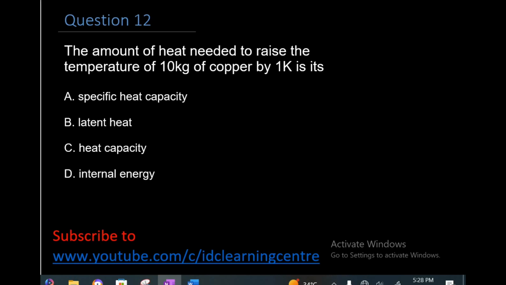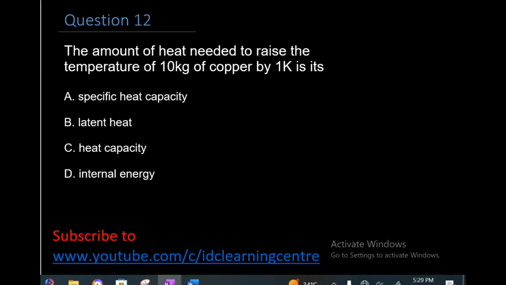Heat capacity is the amount of heat needed to raise the temperature of 10 kg of copper by 1 Kelvin. Then specific heat capacity is seen as the precise or the definite amount of heat needed to raise the temperature of a unit mass by 1 Kelvin.